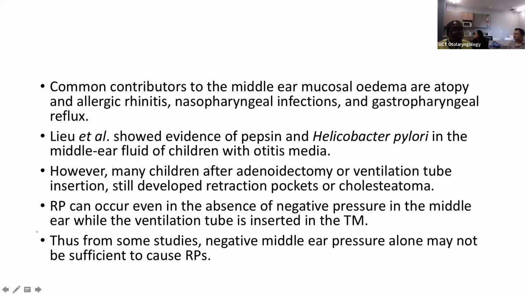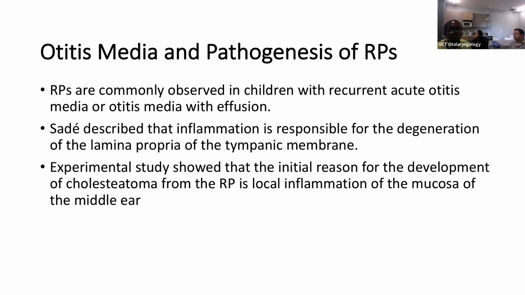So retraction pockets can occur even in the absence of negative pressure in the middle ear. Even whilst they have the ventilation tube, they still develop retraction pockets. Plus, from some studies, it's been found that negative middle ear pressure alone may not be sufficient to cause the retraction pocket. So otitis media is one of those issues that contributes to the formation of retraction pockets.